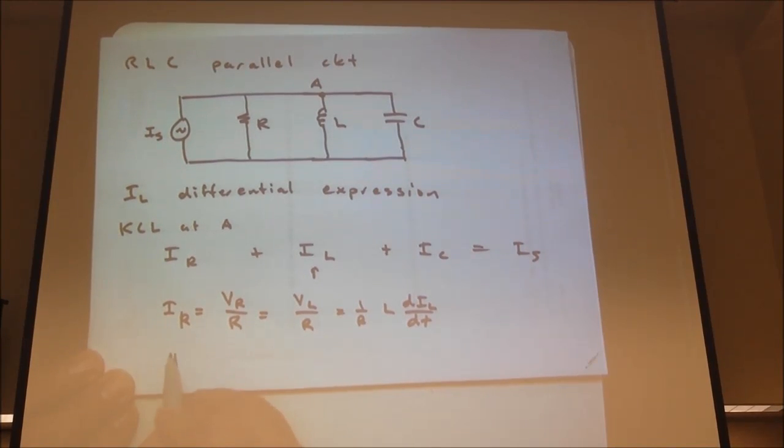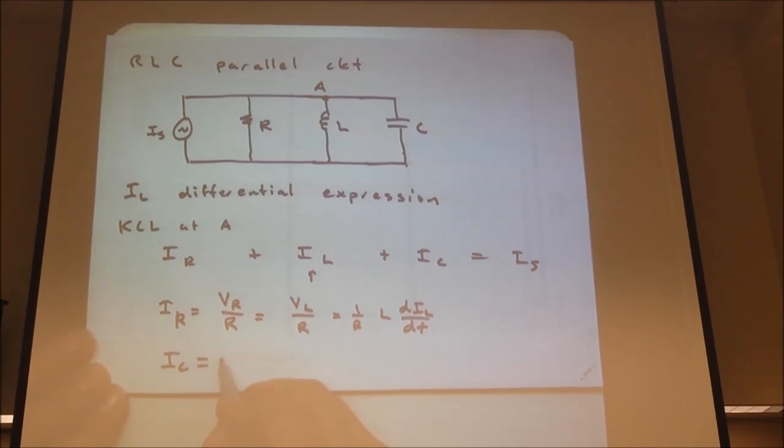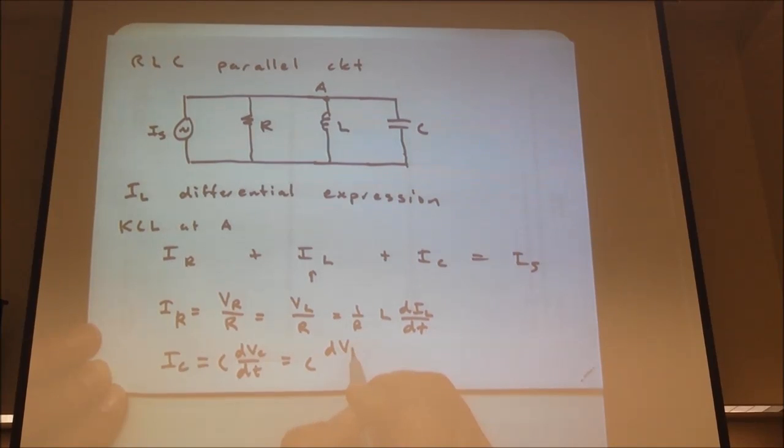And what about IC? Well, once again, we could do a similar derivation. IC is C dVC by dt. And VC is VL, so we can write this as C dVL by dt.